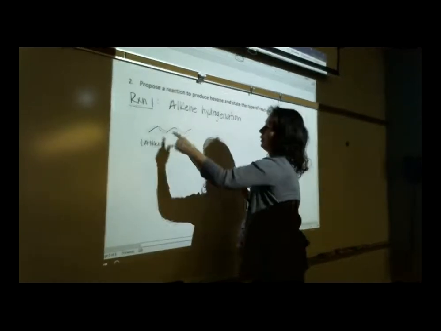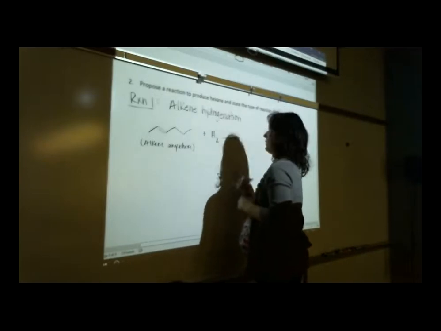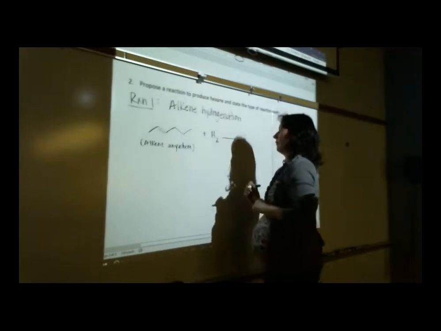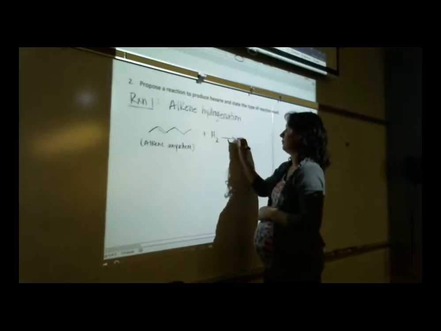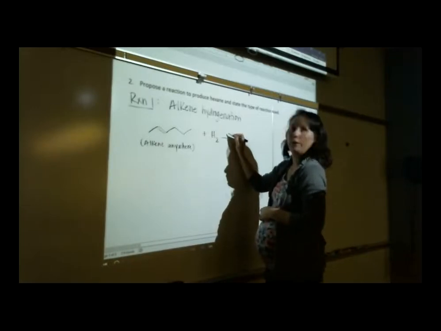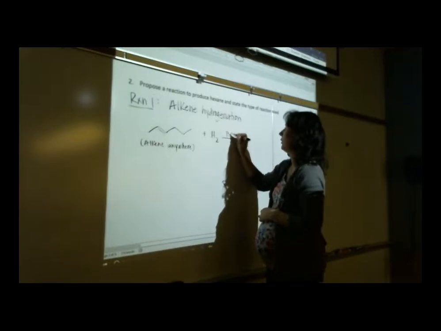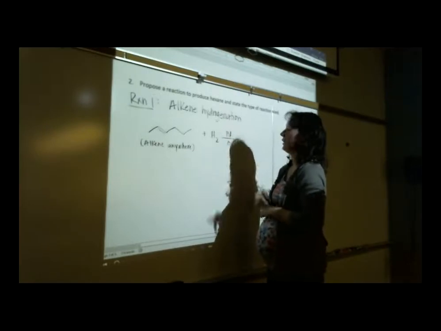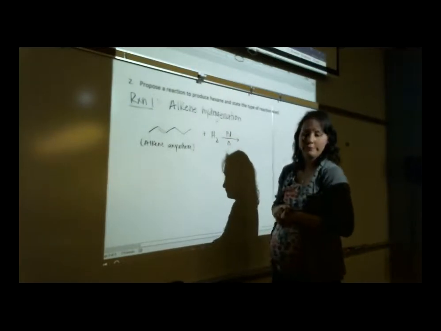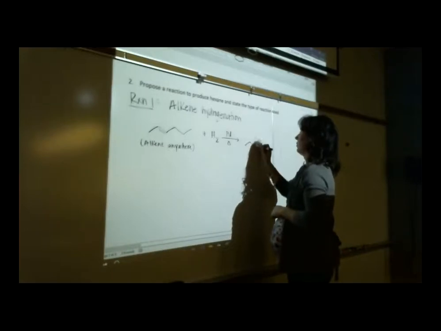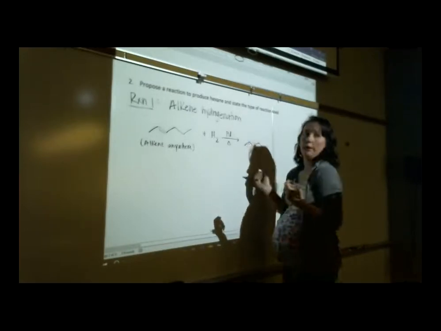Right, you're putting a hydrogen on each one. What's the catalyst here? You could use platinum or palladium, and you need temperature. And then you're going to get 1, 2, 3, 4, 5, 6. So that's option number 1.